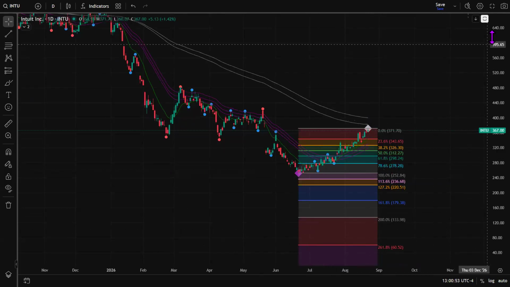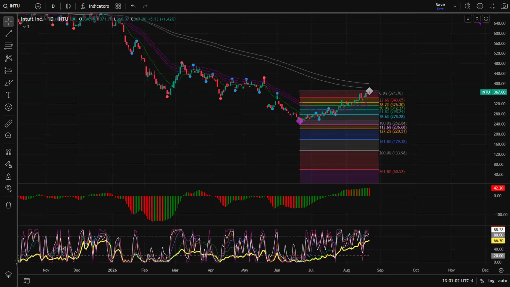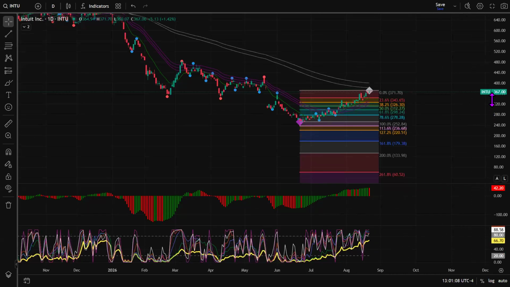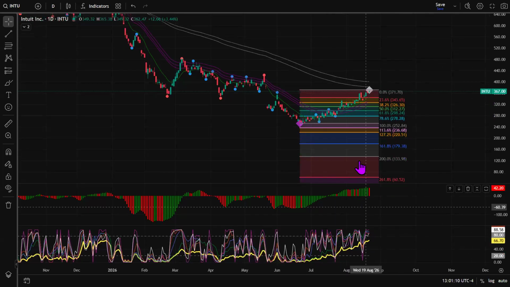I don't even have the whole wavy tunnel on here. Here we go. The bungees and the semaphores. We are up here, but the bungees and the awesome oscillator.